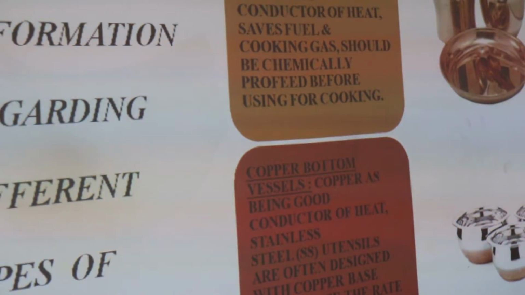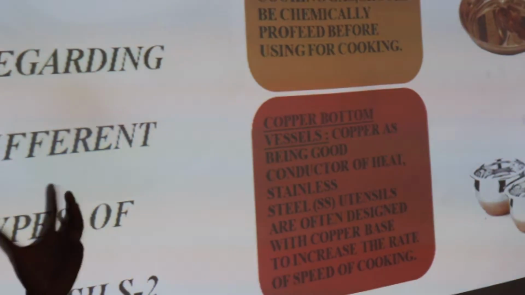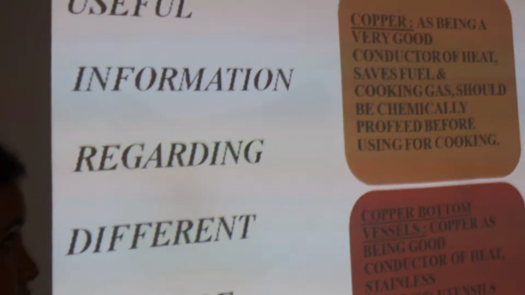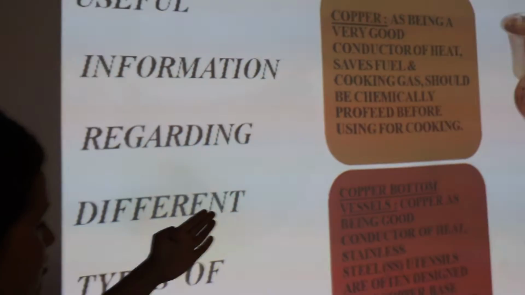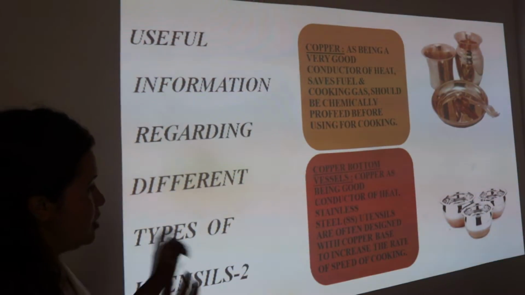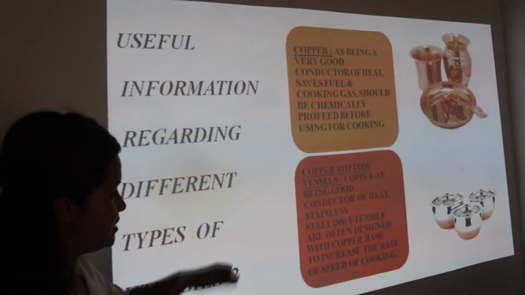You should also make sure that you don't put hot or fermented food in copper, because it will react with the food, okay? And also copper-bottom vessels, as you can see in the image: the upper portion of the utensil is stainless, and the down portion is what?